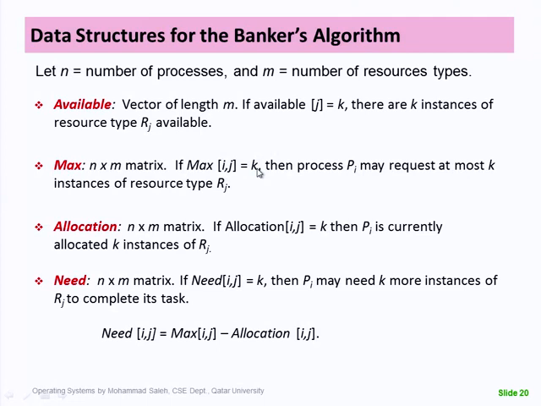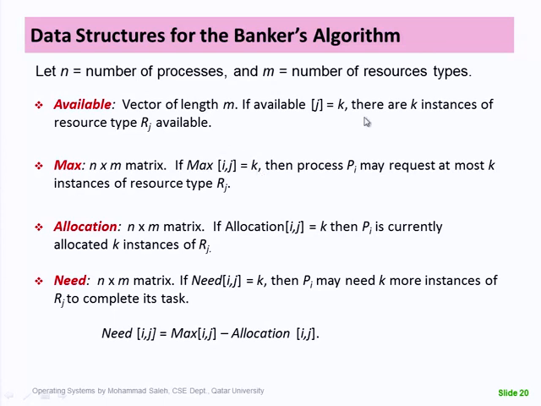It means process 2 will need on maximum 4 instances of resource 3, which I read here. Process i will need on maximum k instances of resource type j. Okay? We will see that in a while.